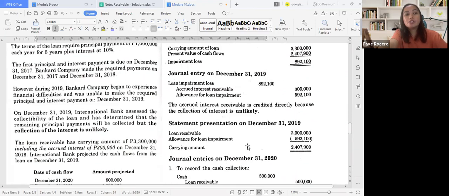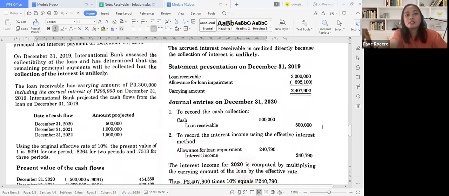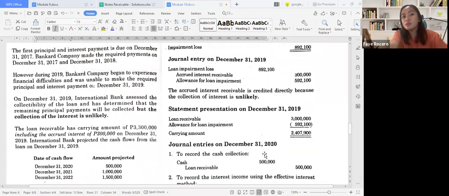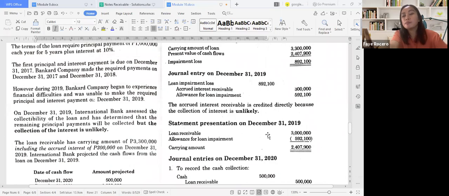To prepare the entries, ayan, on December 31, 2020, we received the cash. Debit cash, credit loan receivable, 500,000. To record the interest income using the effective interest, take note, di ba, itong allowance for loan impairment, we amortize it as well, and we charge it to interest income.